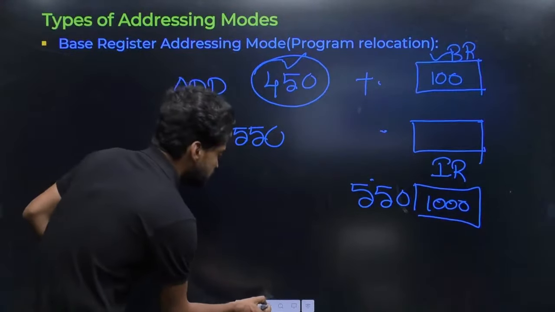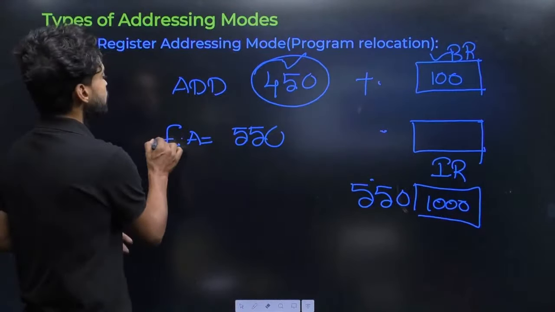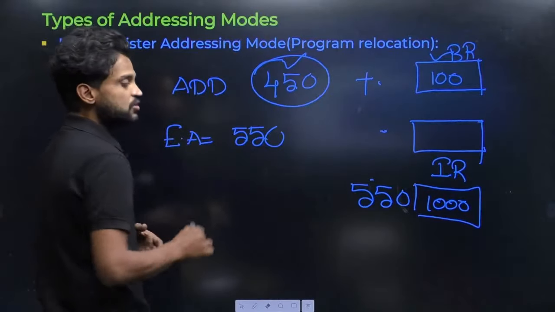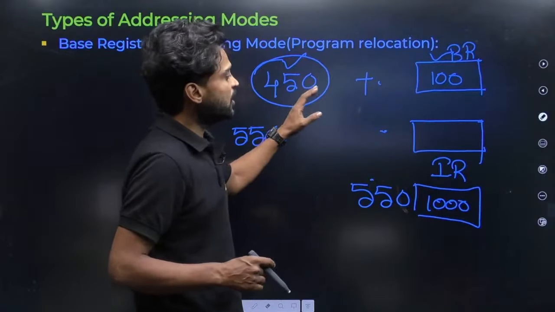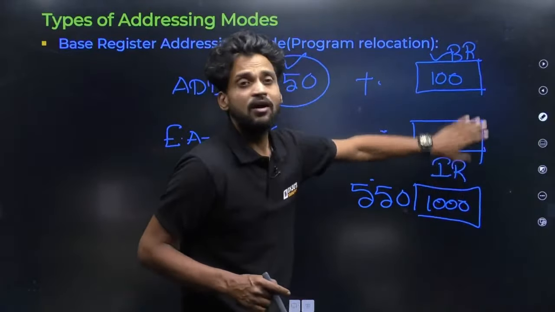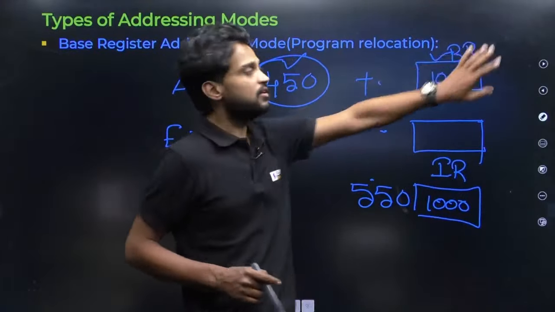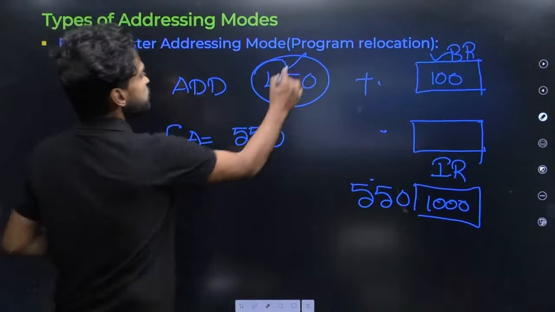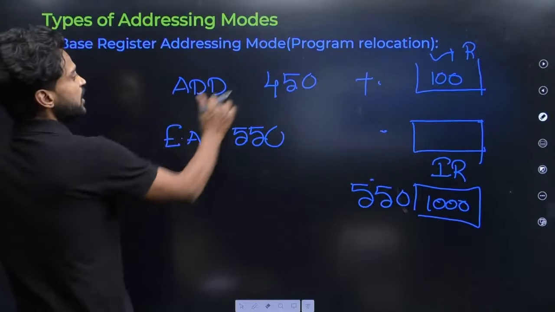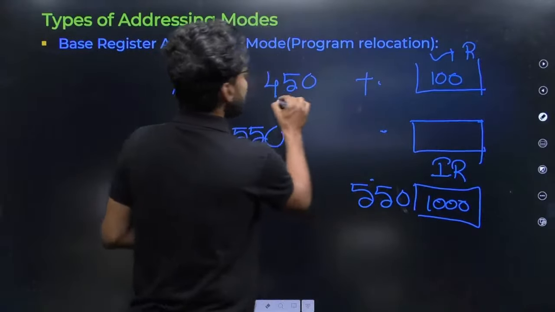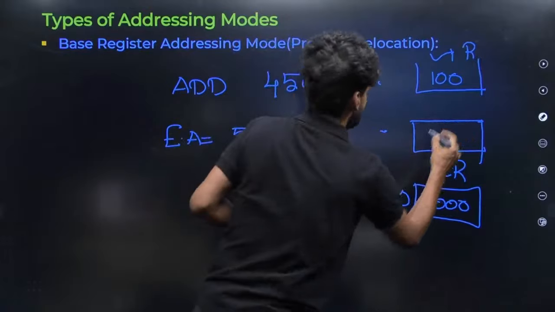The index register addressing mode will also be the same, but the address part of the instruction will be added to the contents of the index register rather than the base register. In the base register addressing mode, the address part of the instruction plus the base register contents will be the effective address. But in the index register addressing mode, it is the address part of the instruction plus the contents of the index register.